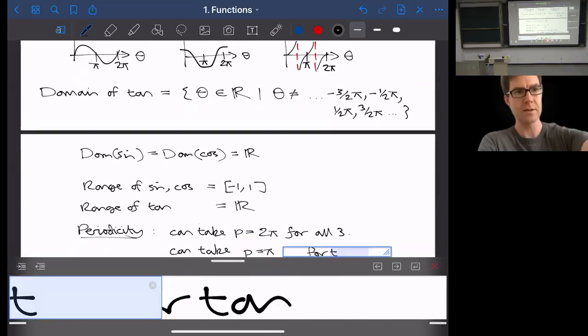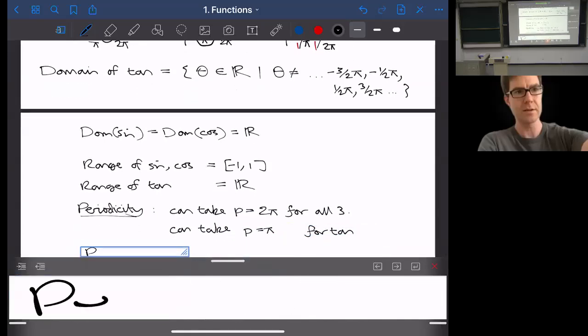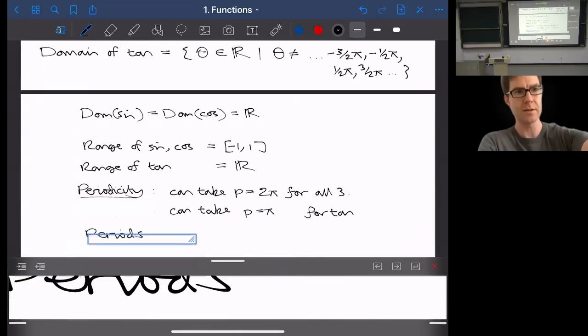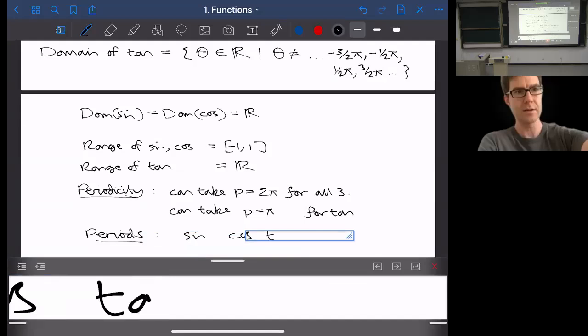And of course that P is smaller, so we get periods 2 pi for sine and cos, and pi for tan.